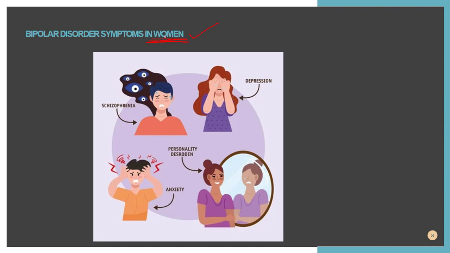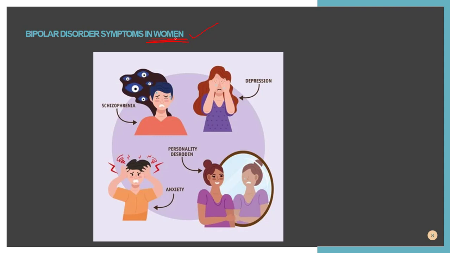Next, can have 4 or more episodes of mania and depression in a year, which is called rapid cycling. Next, they can experience other conditions at the same time, including thyroid disease, obesity, anxiety disorders, and migraines. They have a higher lifetime risk of alcohol use disorder.